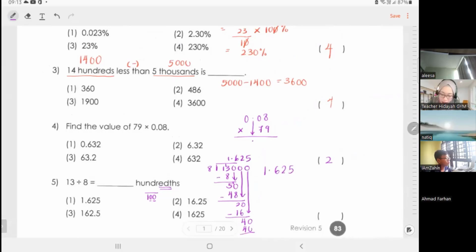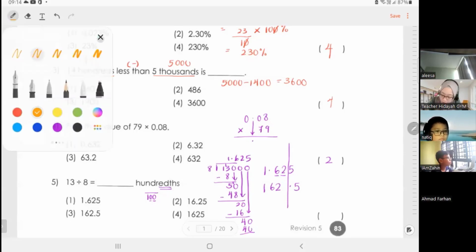Now, how many hundreds are there? So if you look at the decimal place, 100 means this one, right? The 2 is in the 100 place. So you're going to drop the line there. So it'll be 162.500. Understand or not? Because 100 is 2 decimal place, right? So I did not want to write 2 decimal place, I don't want you to get confused.